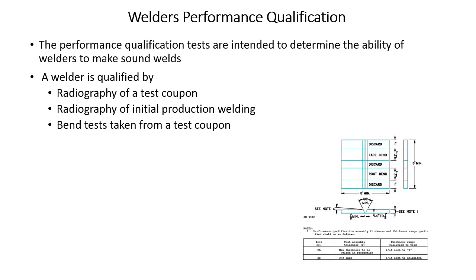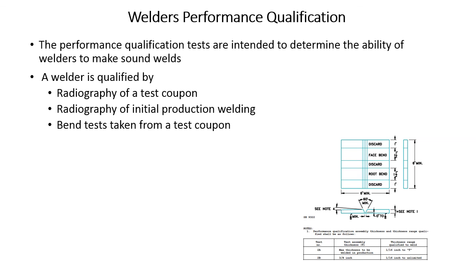Welder performance qualification. The performance qualification tests are intended to determine the ability of welders to make sound welds. The welder is qualified by radiography of a test coupon, radiography of an initial production weld, or bend test taken from a test coupon. You can see in the corner, I snagged this one out of a Navy specification, S9074-AQ-GIB-010-248, pretty similar to ASME Section 9 and D1.1.